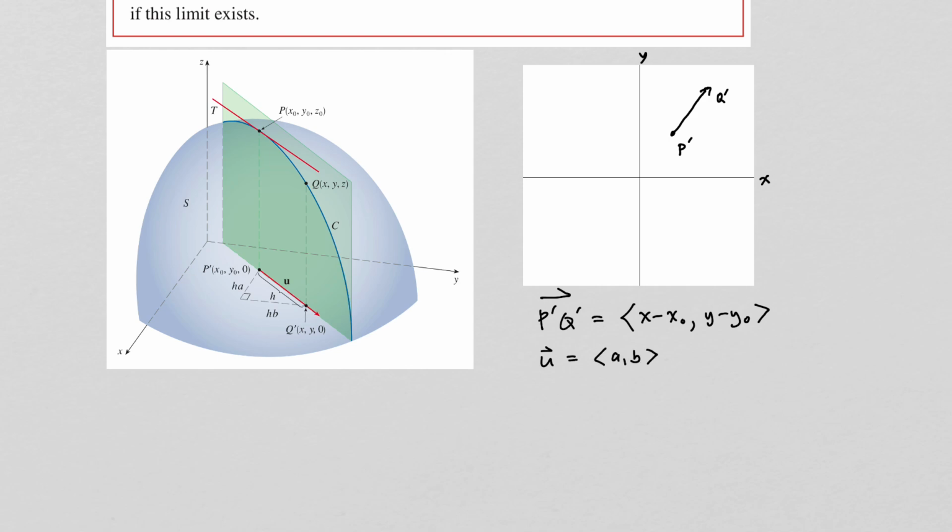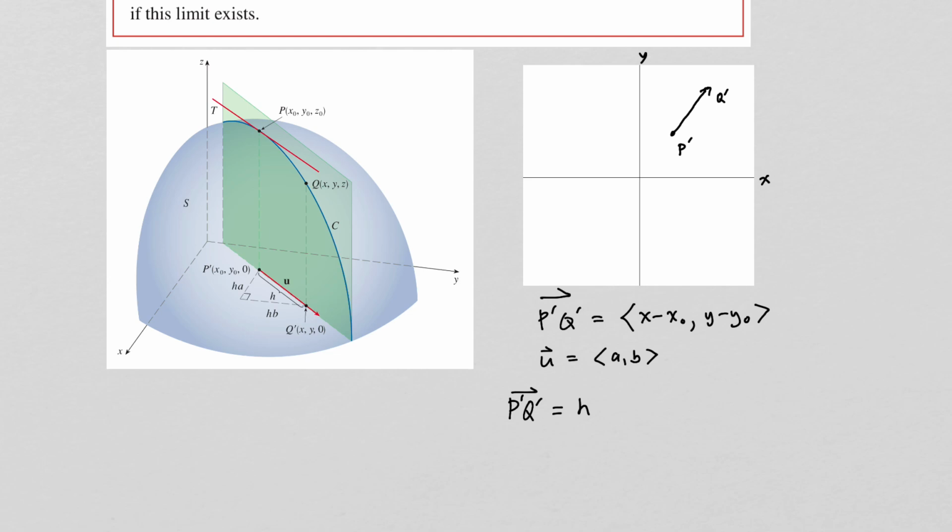Now understand that since the vector u and the vector P prime Q prime point in the same direction, that means we can express these vectors in terms of each other. Namely, we can say that the vector P prime Q prime is equal to some multiple of the vector u.